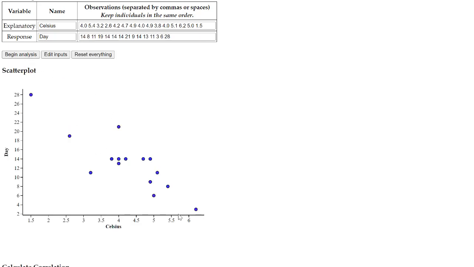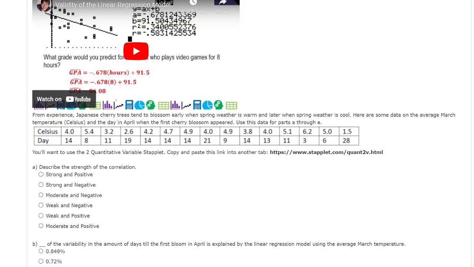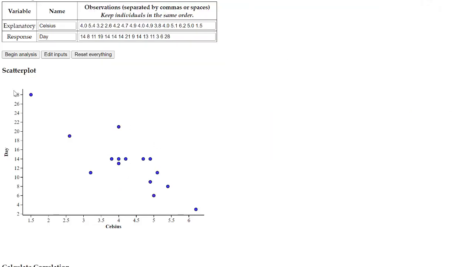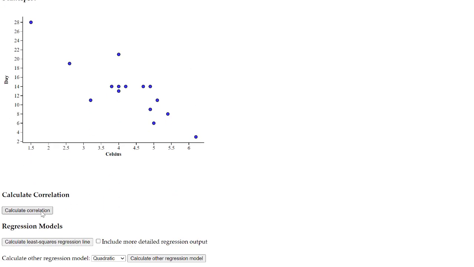So describe the strength of the correlation. This is the first question they ask, right? And if you look at the data right here, you can see that it's definitely negative. The question is how strong it is. Well, since I have put the data in Snaplet, I can come here and get a really good idea.